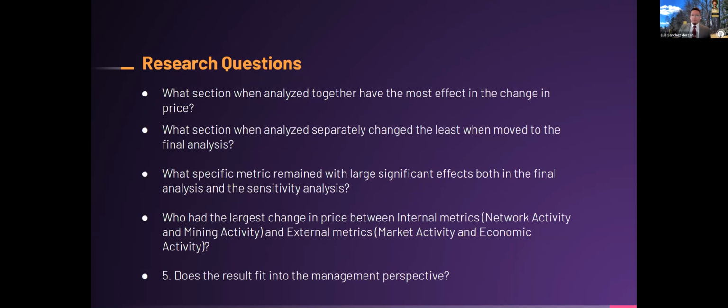And who had the largest changes between the internal metrics, and this is the network activity and the mining, against the external factors like the market, the return on investment, the economic, the inflation? And the final question that I asked myself was, how does this work within the managerial perspective?